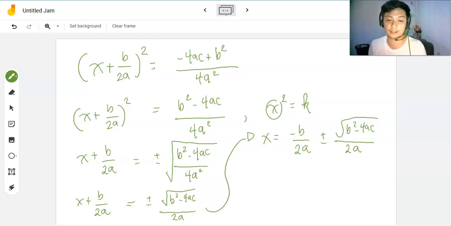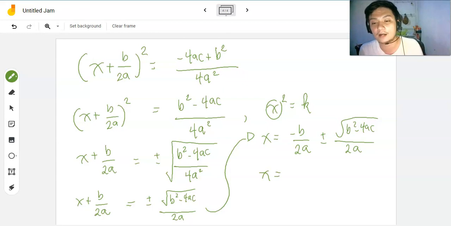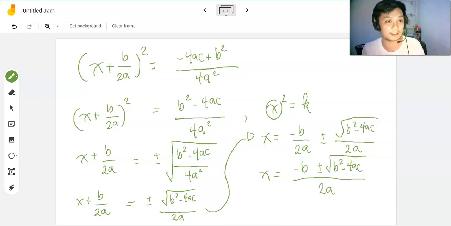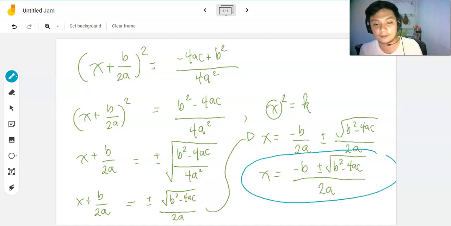And since they have the same denominator 2a, we can further rewrite this expression using a single fraction bar with the common denominator 2a, and then just copy the numerator. So we have negative b plus or minus the square root of b squared minus 4ac, all over 2a. And this right here, let us highlight it, is the quadratic formula.